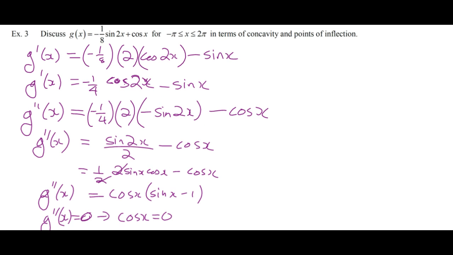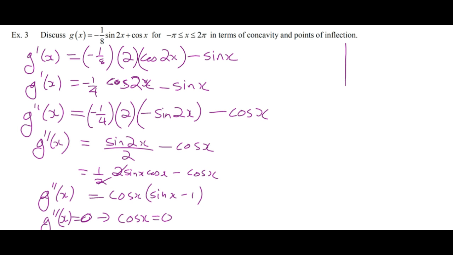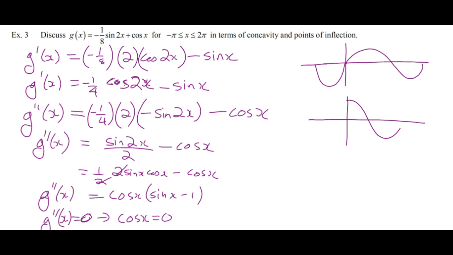And we've got the interval to worry about. What does sine look like? That's sine, that's cos. We need pi over 2's, 3 pi over 2, negative pi over 2.